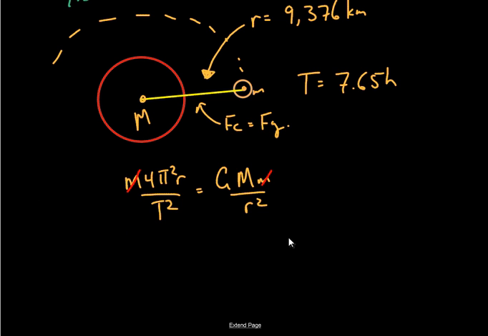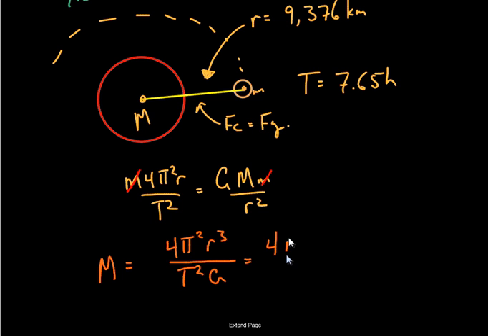So let's do a little bit of rearranging and see what it looks like when we've isolated big M. So we should have 4 pi squared r cubed over T squared G. So if we know the radius and we know the period, we can calculate the mass of the central object, right? So we're manipulating some formulas to solve for an unknown.